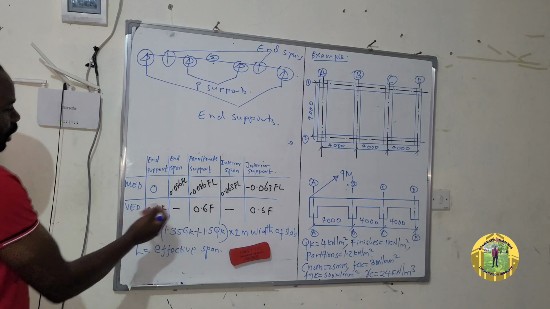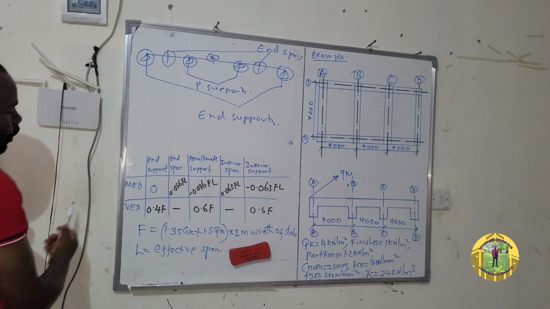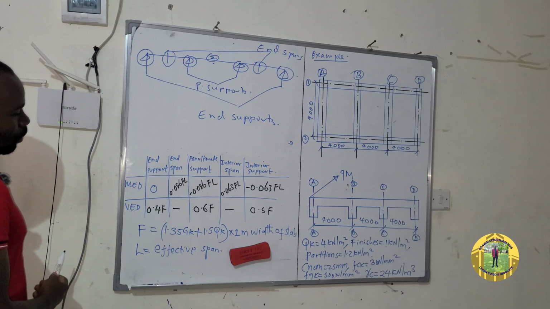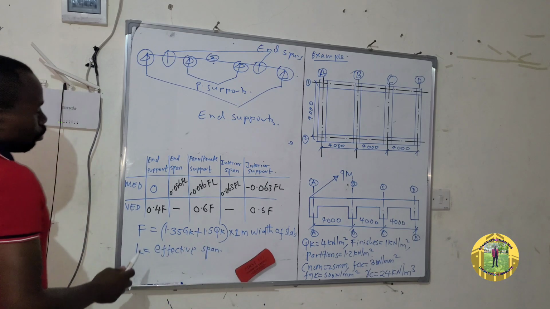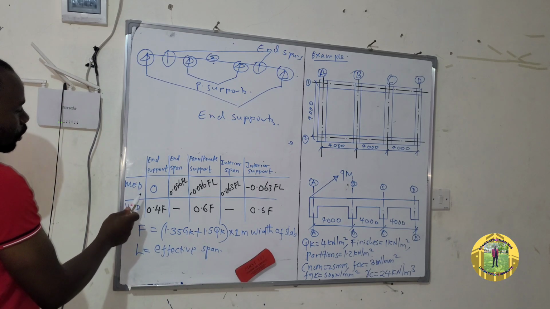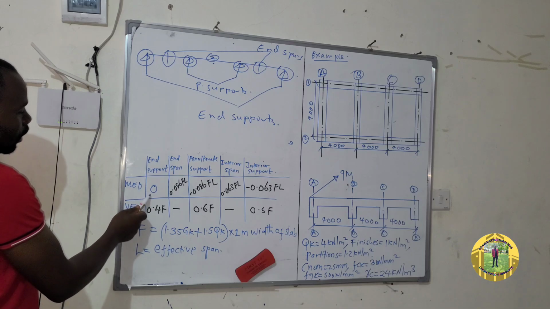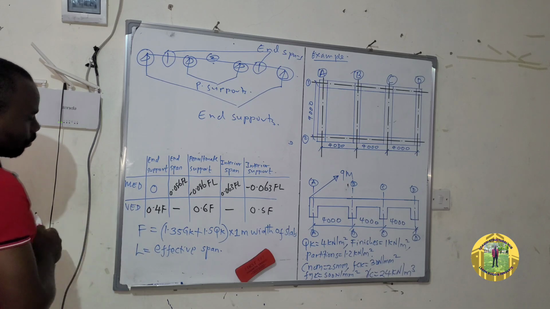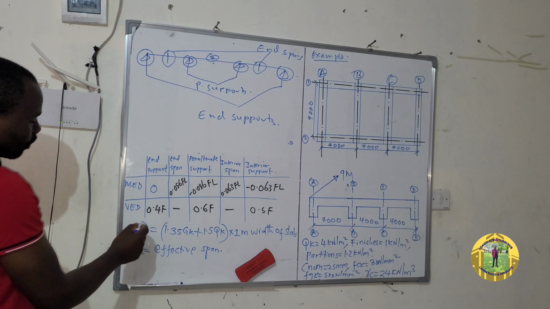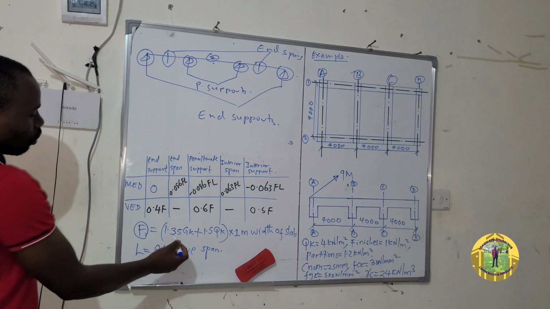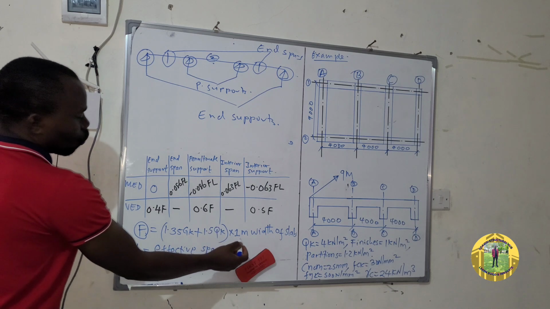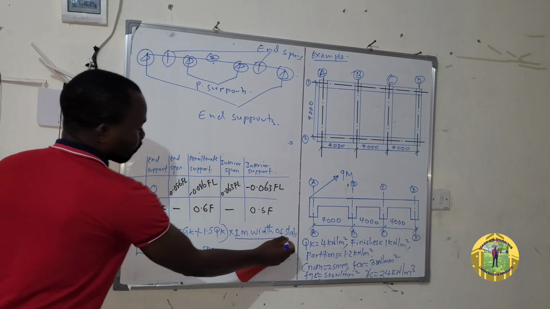So these are the formulas I have said. MED is the design moment and VED is the design shear force. For example, for end support, the design moment is 0 and the VED is 0.4F, whereby F is equal to 1.35 GK plus 1.5 QK times 1 meter width of the slab.